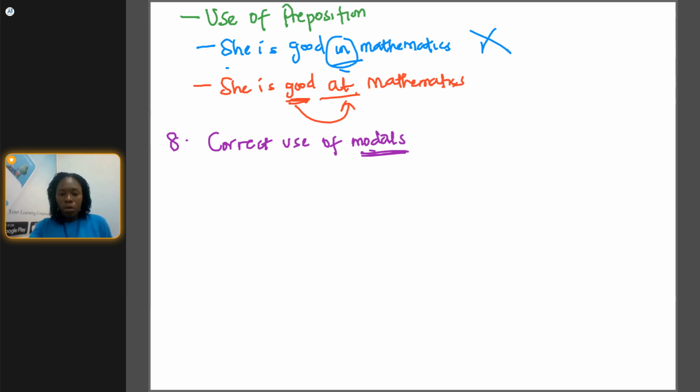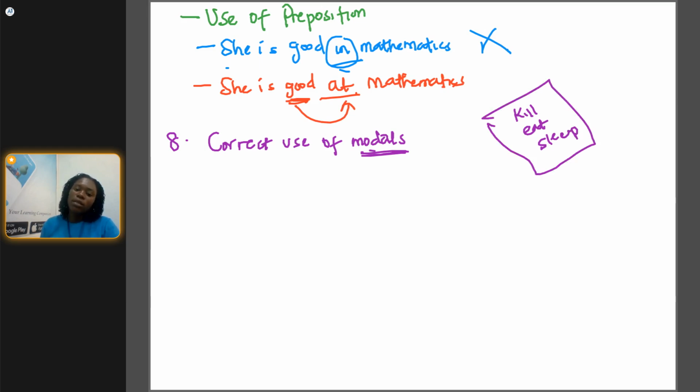Now, when you talk about modals, you can see modals as your helping verbs. They are special verbs, not like the normal verbs that we know, because when we mention verb, we are thinking of action words, like kill, eat, sleep, etc. But there are some other verbs that we call modal verbs.